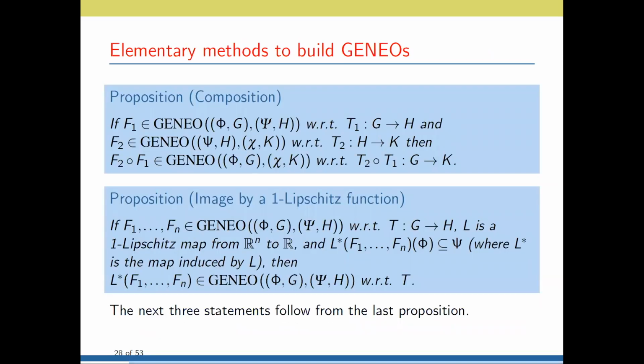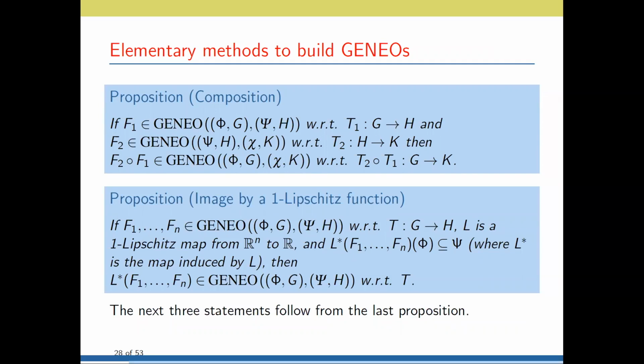There are some trivial ways of building GENEOs, and the first result you can think of is composition. If you have two GENEOs and you compose them, you get another GENEO, of course, with respect to the composition of the homomorphisms.